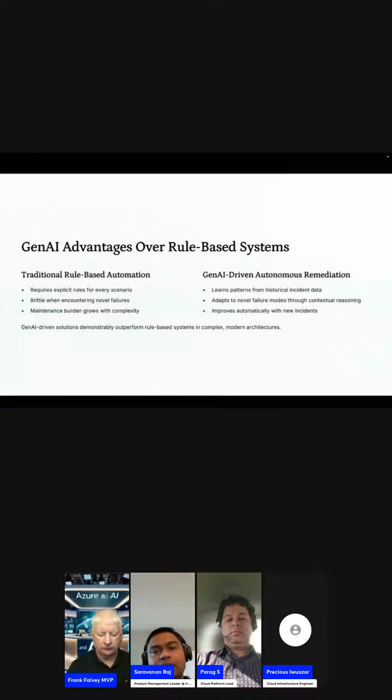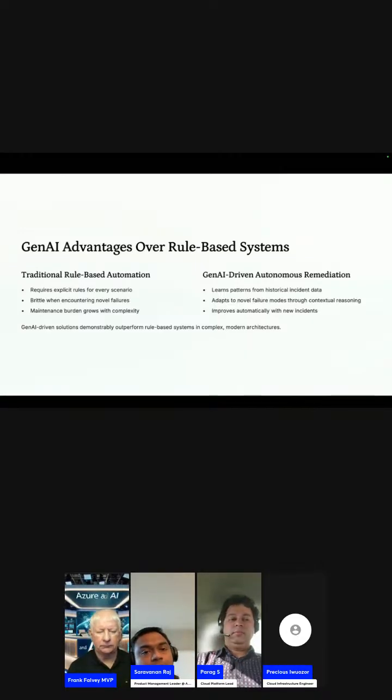Obviously, if you look at this type of model, it has definite advantages over traditional rule-based automation. If you simply look at if-then-else, rule-based automation requires explicit rules for every specific scenario. If you have a VM that's constantly rebooting, that type of issue, then you need to define a solution for that specific problem.